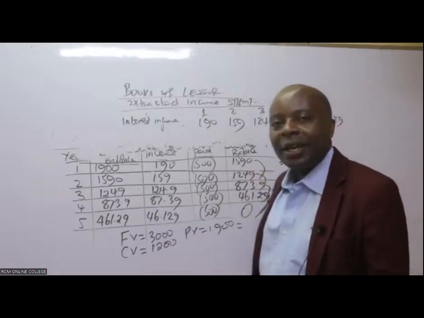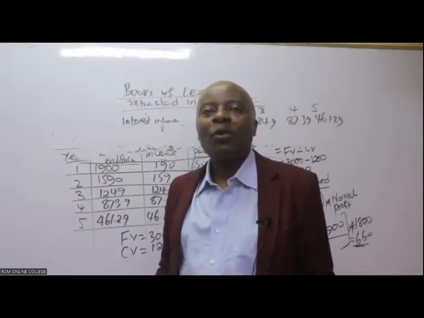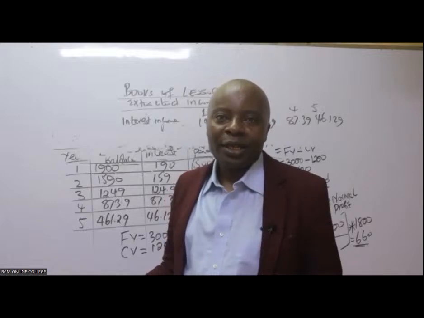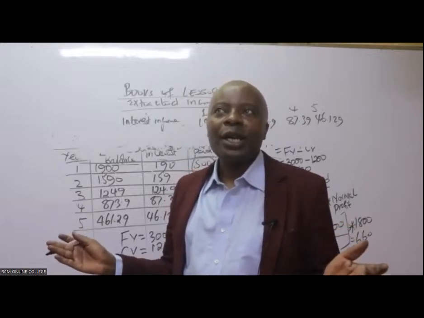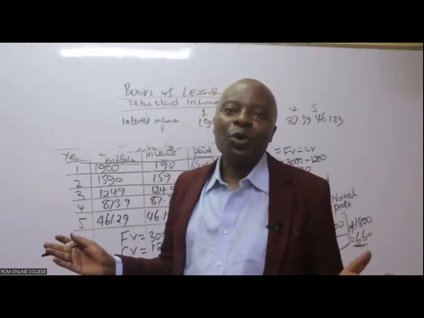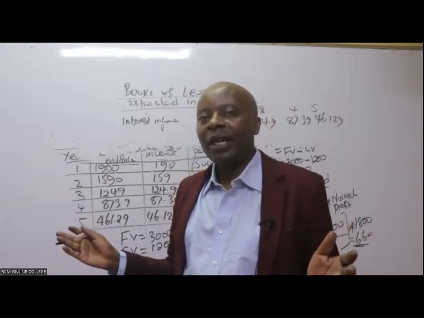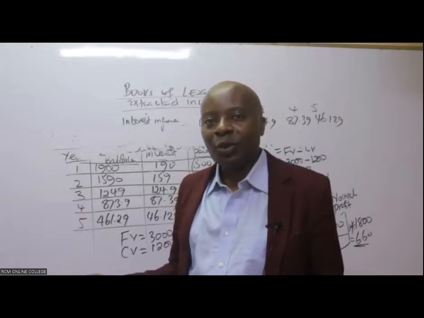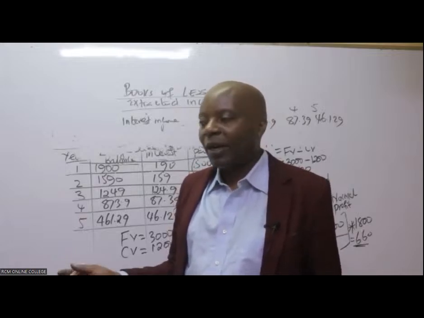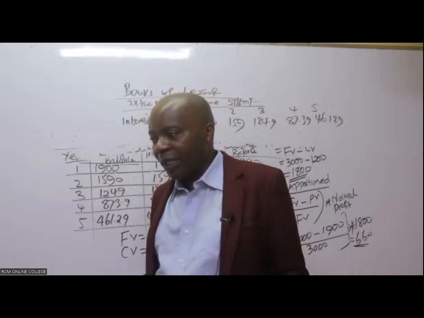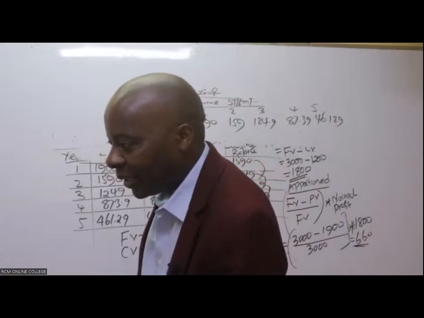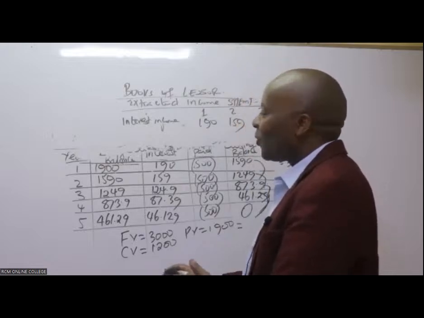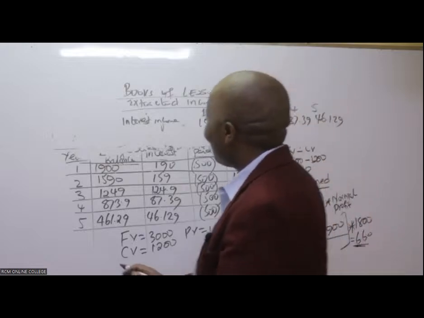Remember, once he has given out his property to the lessee, just like when you invest in government bonds, you have an investment. You have lease investment. He doesn't own the asset anymore.